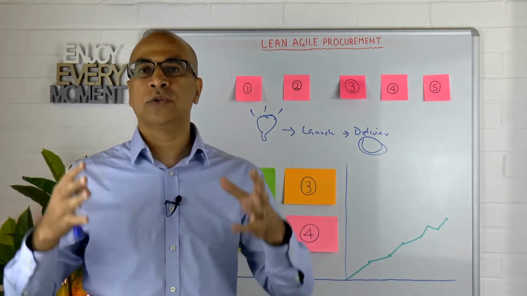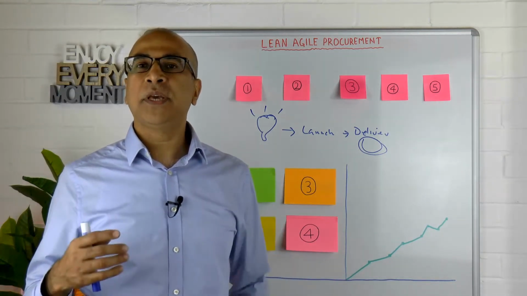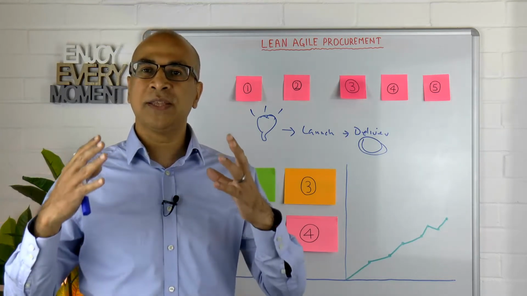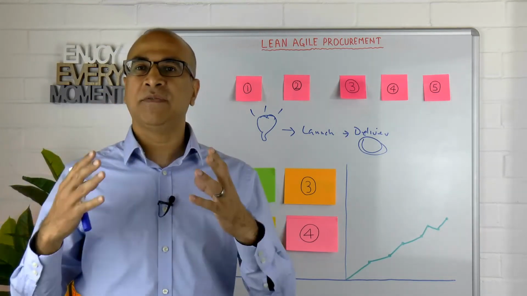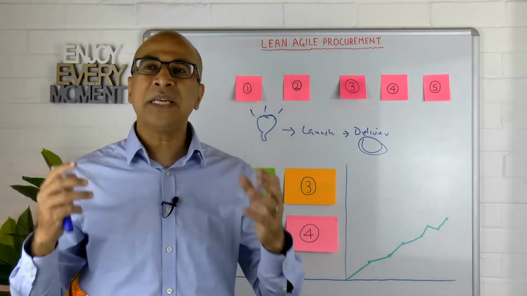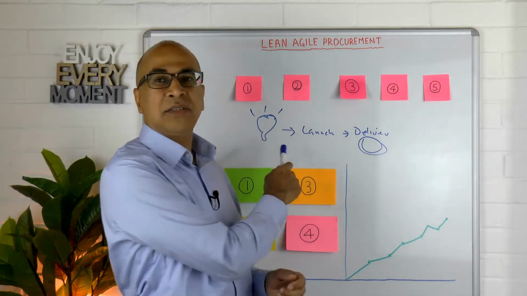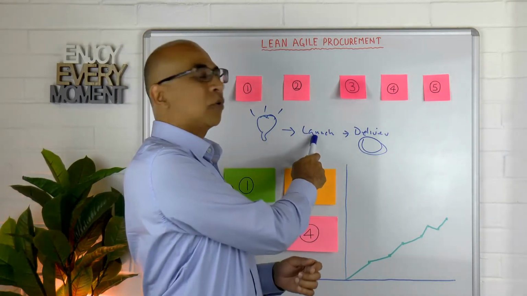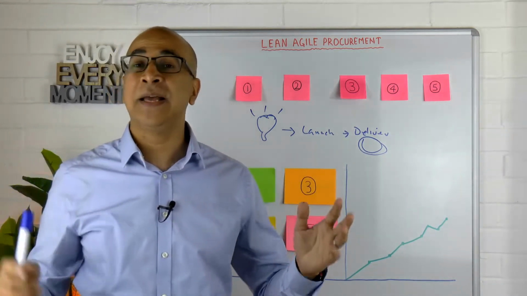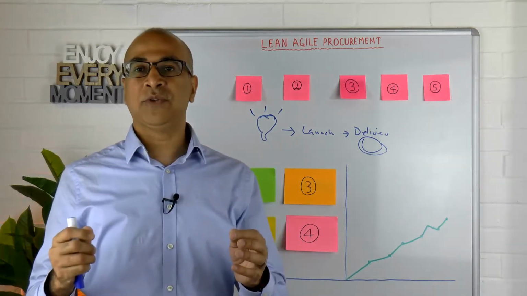Now, here's the problem with that, because one of the key differentiators and one of the key competitive advantages we have is time to market. The market doesn't care where the delay is. The market doesn't care whether it's in the ideation stage, whether it's in the procurement or the launch stage, or whether it's in the delivery stage. Delay is delay. And getting to market first, that is one of the most important things.